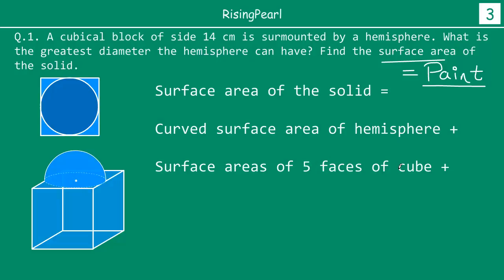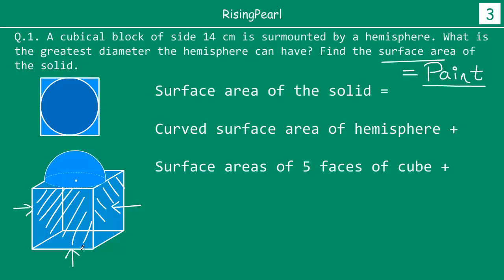Why are we talking about 5 faces? Well, we know a cube has 6 sides, right? So we are talking about the front, the back, the left side, the right side, and the bottom.